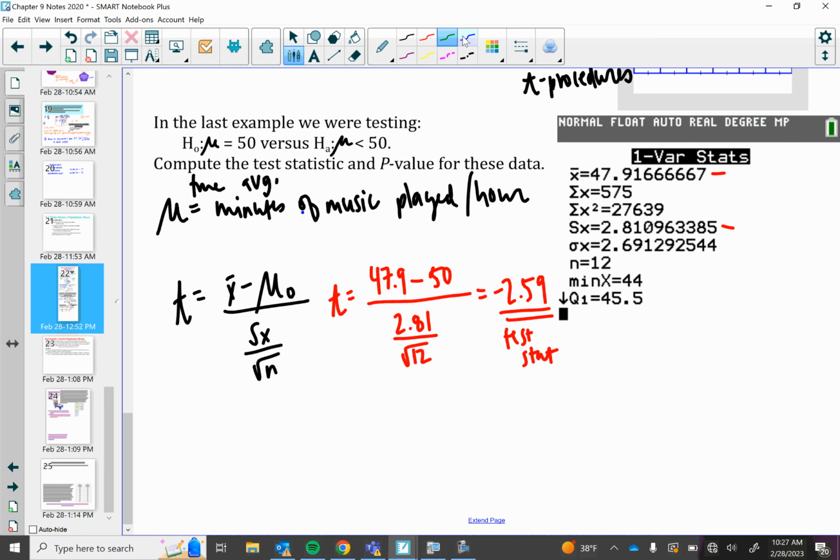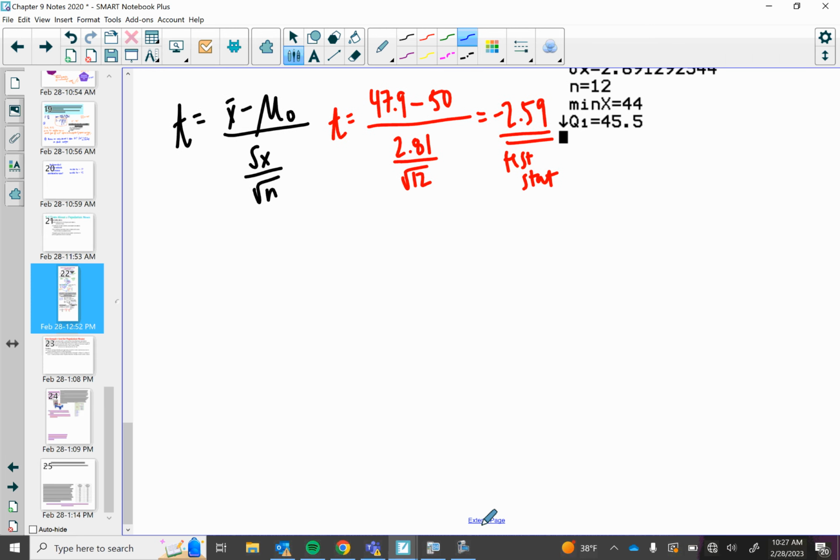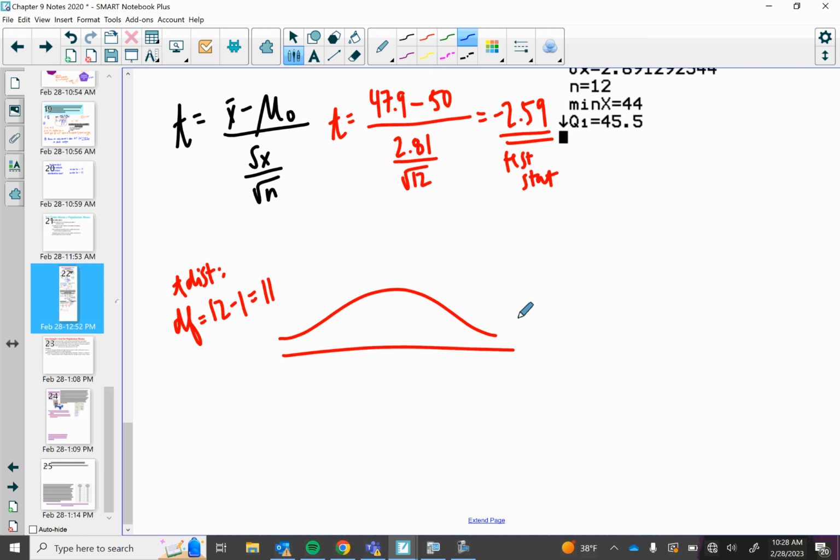Once we have our test statistic, we are going to calculate a p-value, or the probability that that statistic or more extreme happens. So we are looking at a t-distribution. It has a degree of freedom of 12 minus 1, or 11. We know a t-distribution is going to look like a normal curve. It's symmetric.